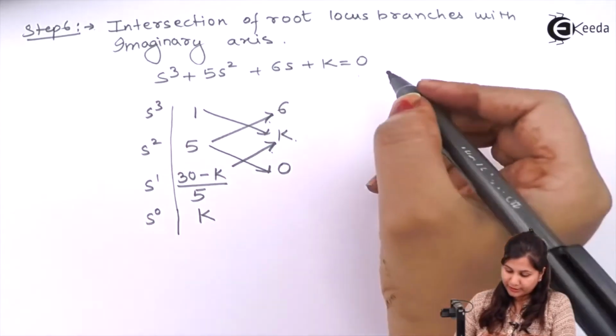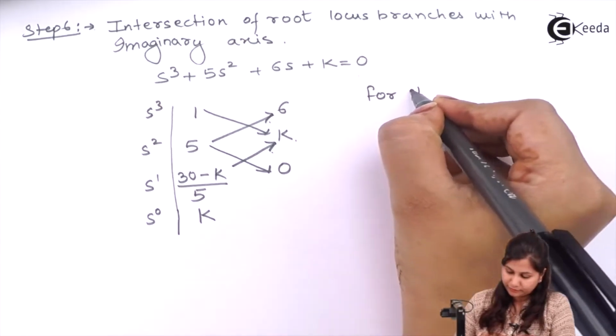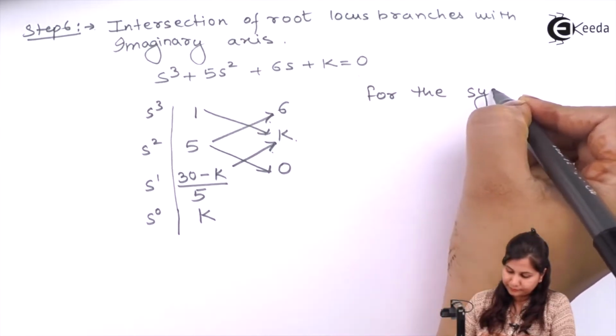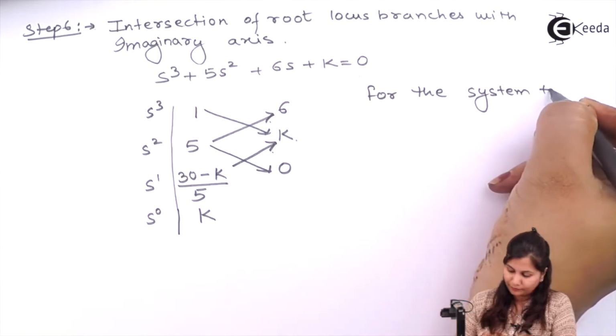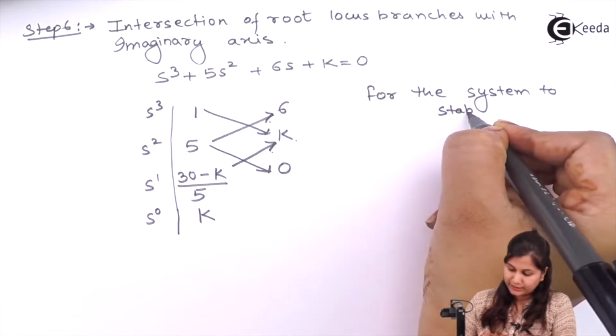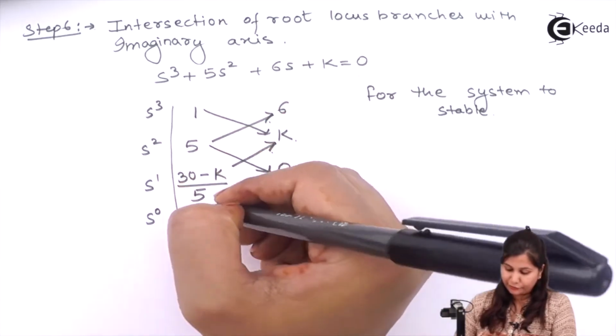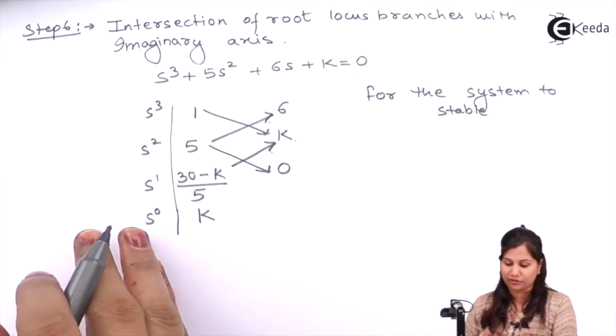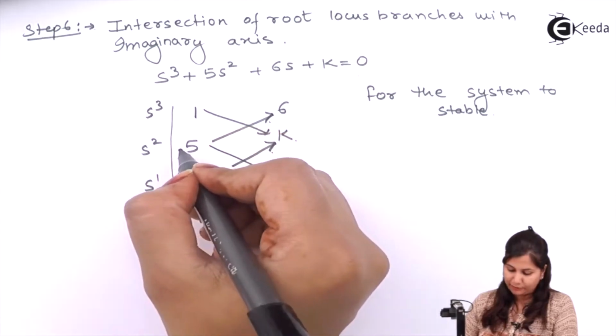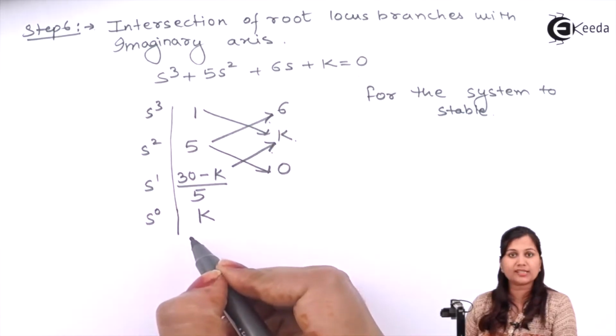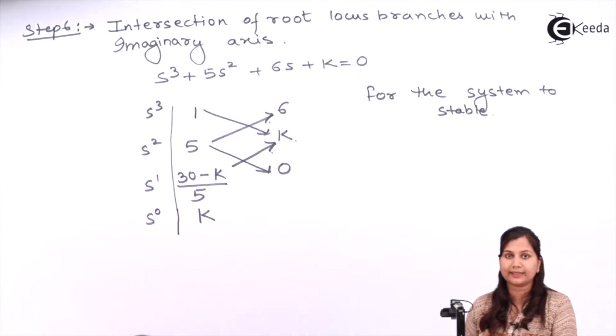Now for the system to be stable, in the Routh stability criterion, the system is stable when there is no sign change in the first column. That is, all the coefficients should be positive, greater than 0.